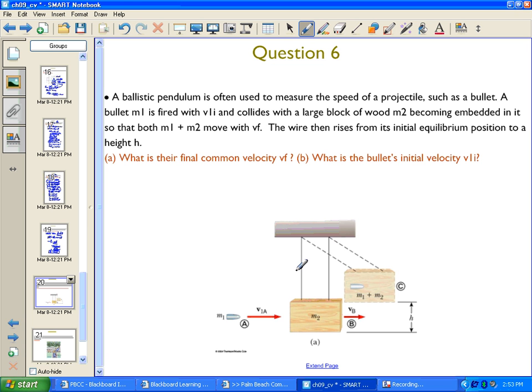The wood then rises from its original equilibrium position to a height h. And ultimately, what we're trying to do here is to determine the initial velocity of the bullet in terms of m1, m2, and h, the height at which it rises.